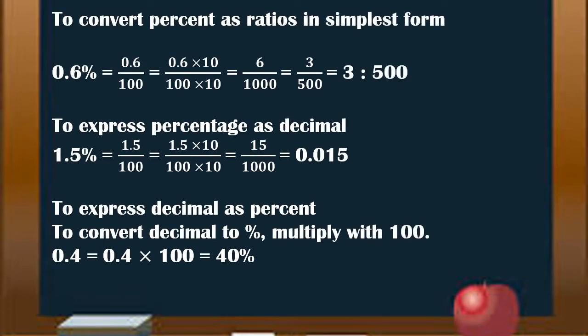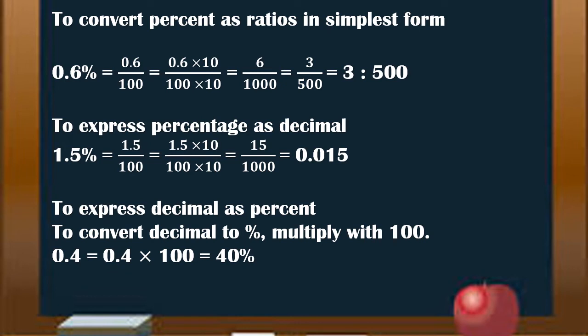To convert percent to a ratio in simplest form, take 0.6%. First you have to write it in fraction format, so divide by 100. So 0.6 by 100. Now we have to remove the decimal. So one decimal place, you have to multiply with 10 in the numerator, and don't forget you have to do it in the denominator also.